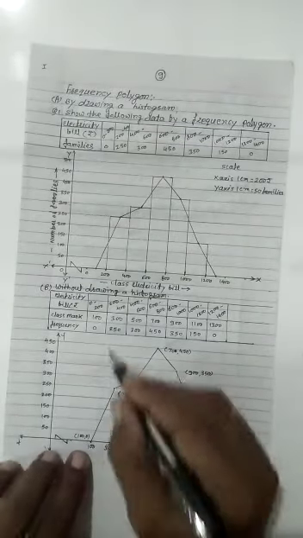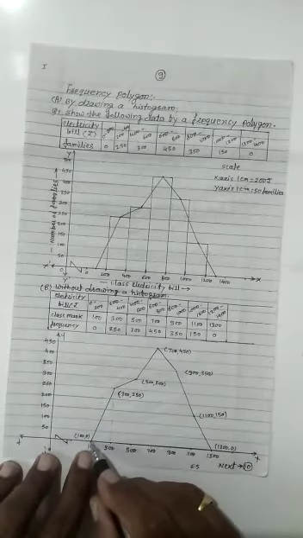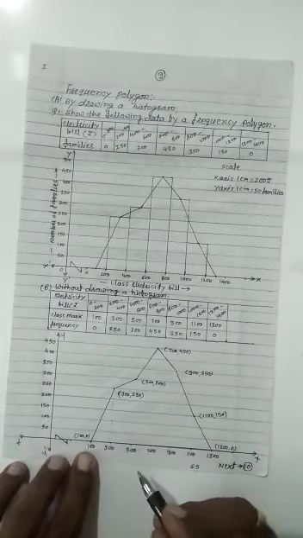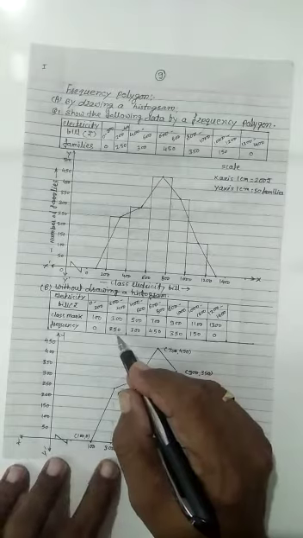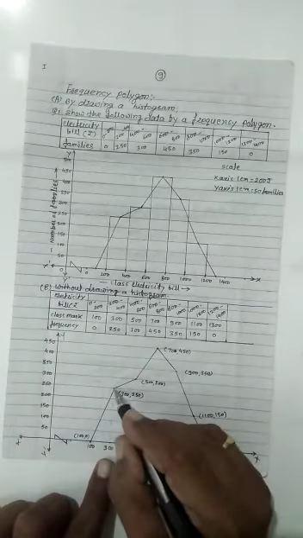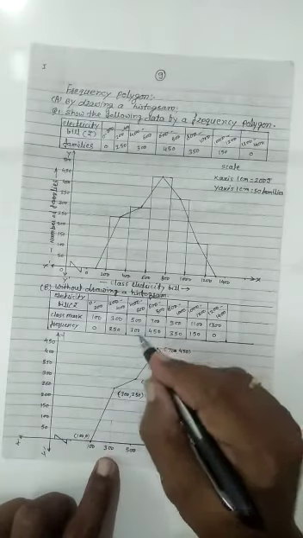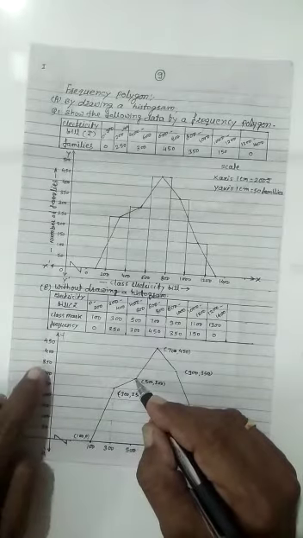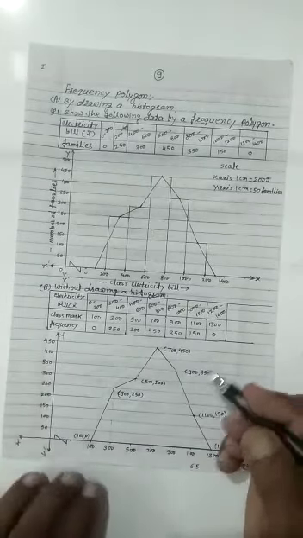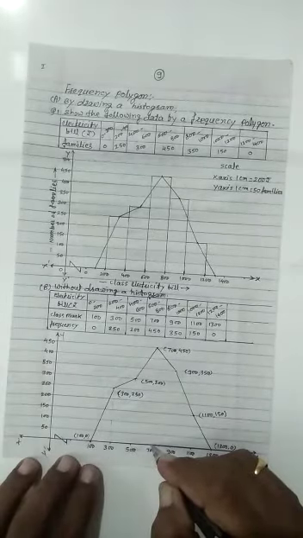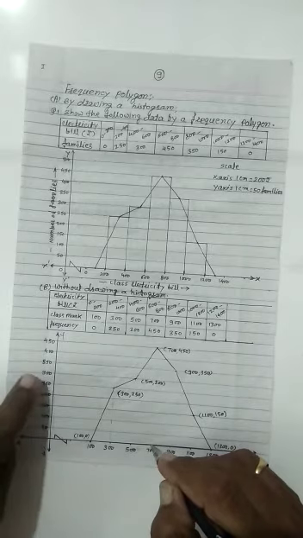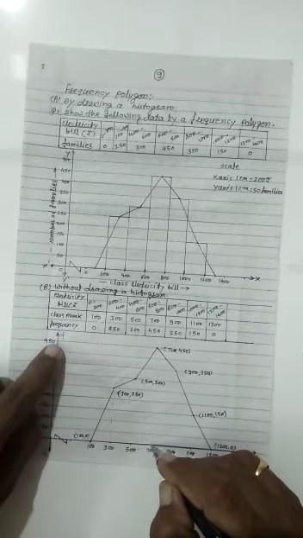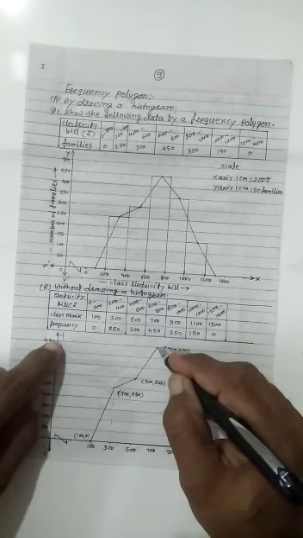So take 100 and 0 on the x-axis, then 300 and 250, then 500 and 300, then 700 and 450. These are the points.